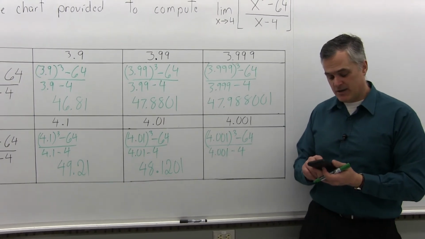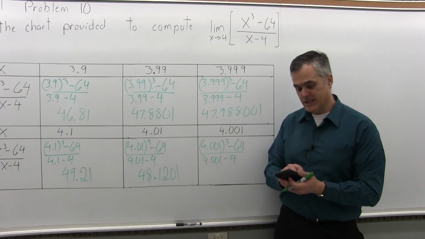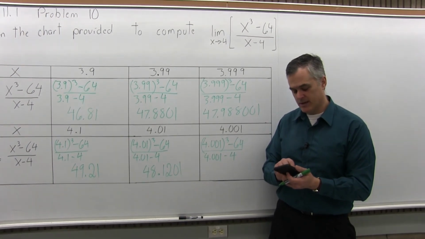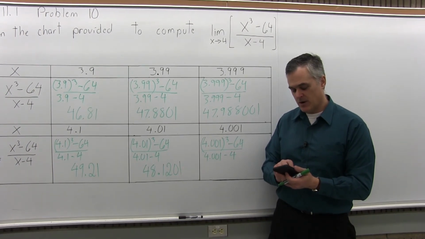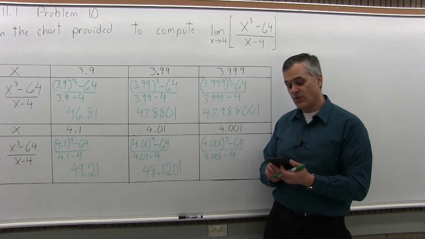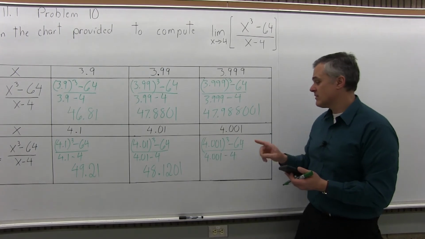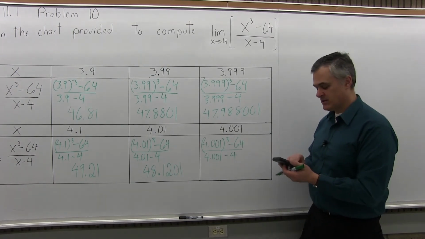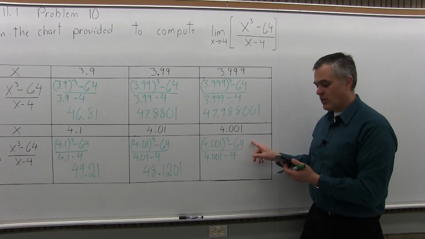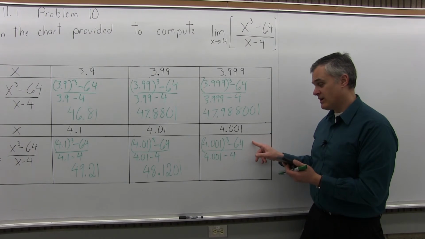And again, I'll do the math. 4.001 third power is 64.048012. I'm going to subtract 64 from that result. And I get 0.048012001.